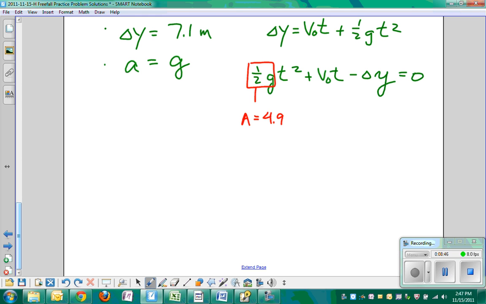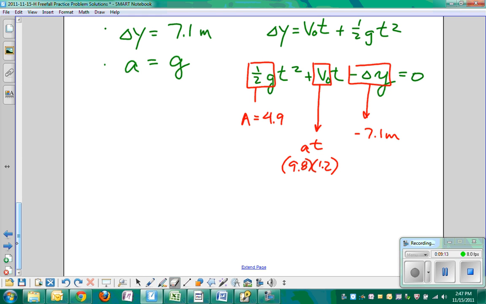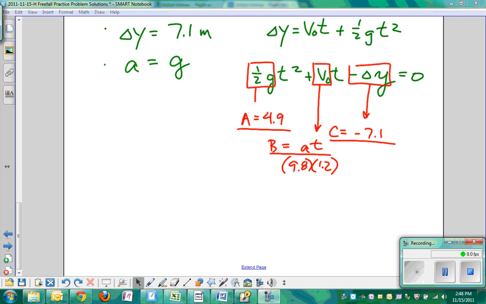It makes our b term v naught, or 9.8 times 1.2. And it makes our c term negative delta y, which would give us negative 7.1 meters. Of course we'll put meters in when we put it into the quadratic formula. So this is our a term, this is our b term, and this is our c term for the quadratic equation.